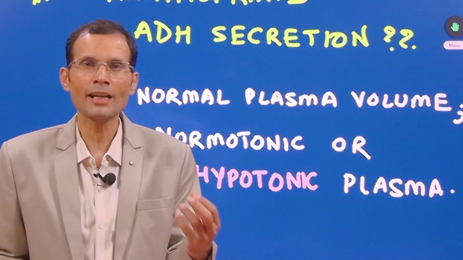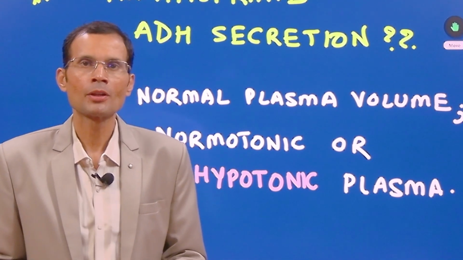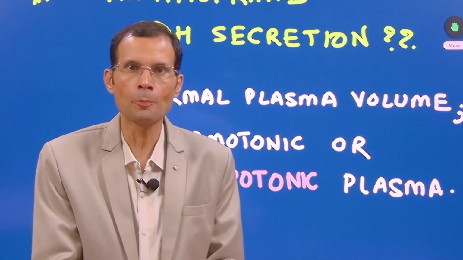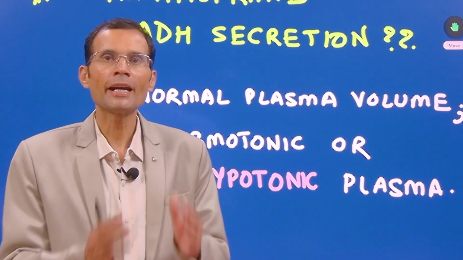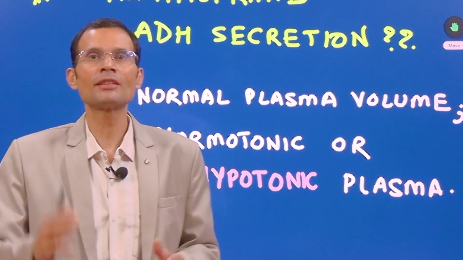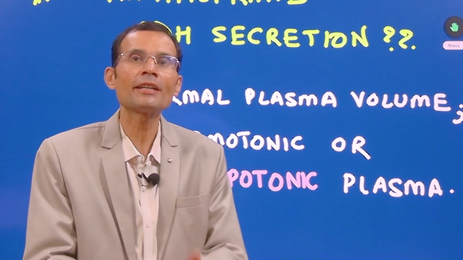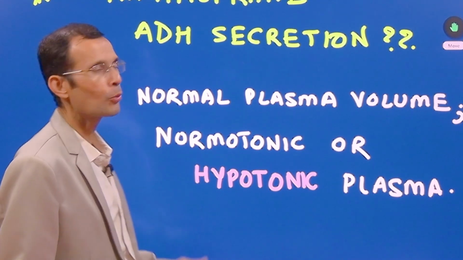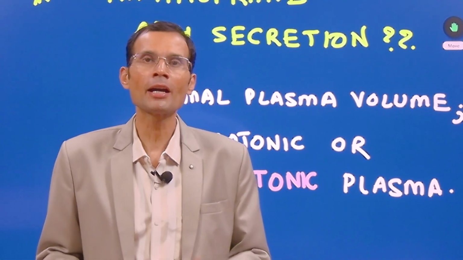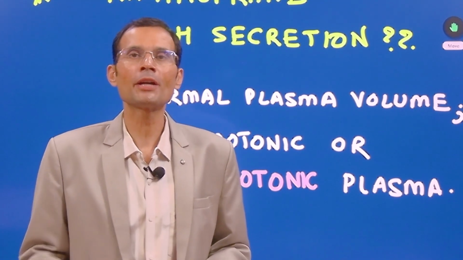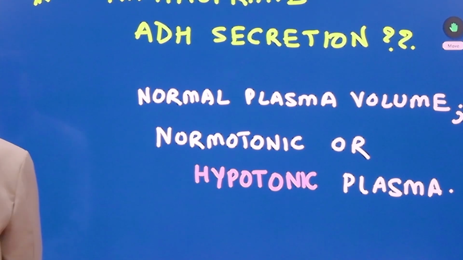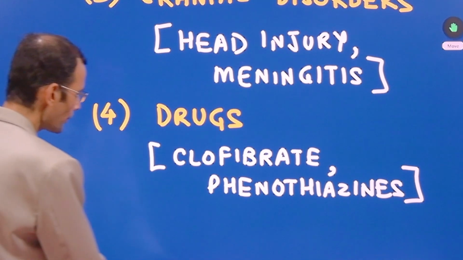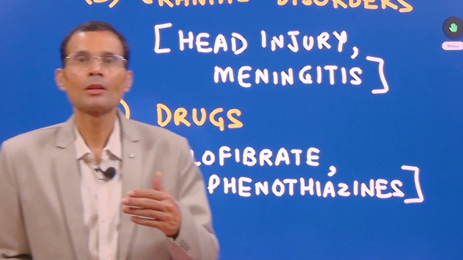Plasma has become mildly hypotonic. Now the ADH secretion should be stopped. But no, ADH continues to be secreted and therefore it retains more and more water into the plasma. Plasma becomes more and more hypotonic. This is the reason why it is called inappropriate ADH secretion.